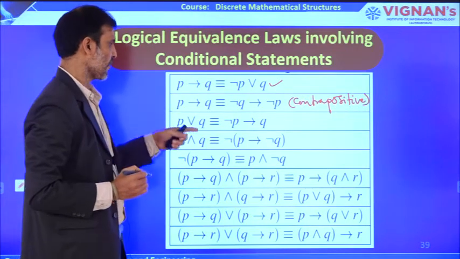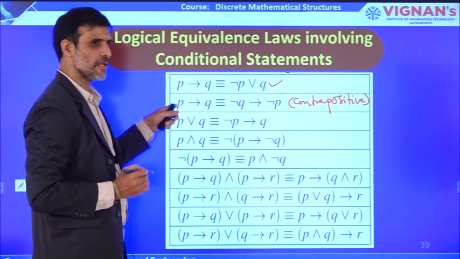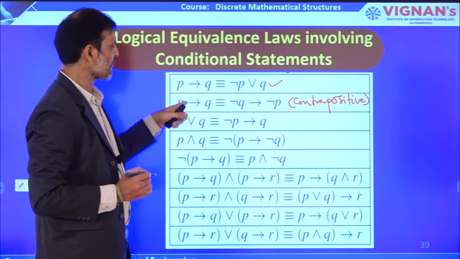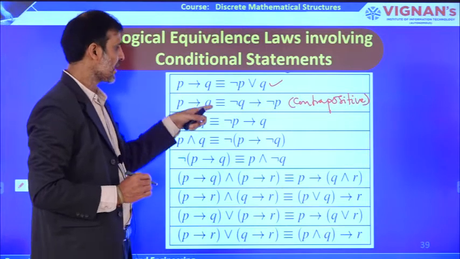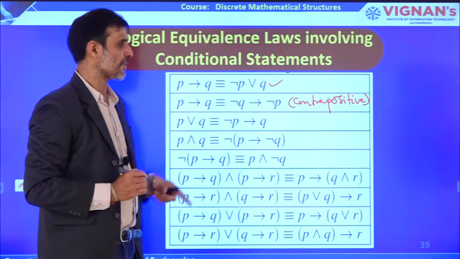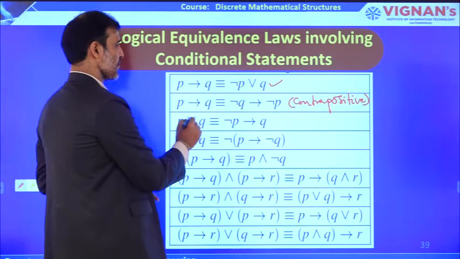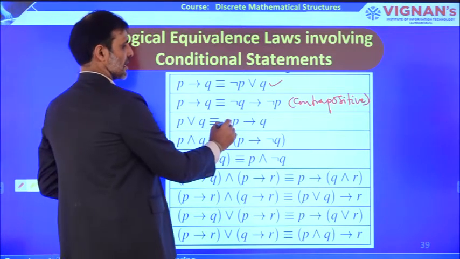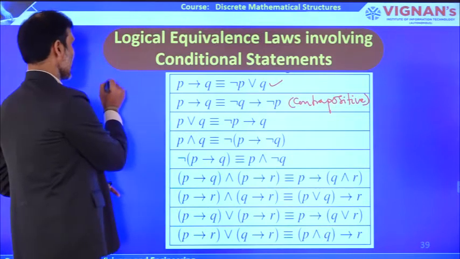Whenever P implies Q is given, Q implies P is the reverse, negation of P implies negation of Q is the inverse, and negation of Q implies negation of P is the contrapositive.